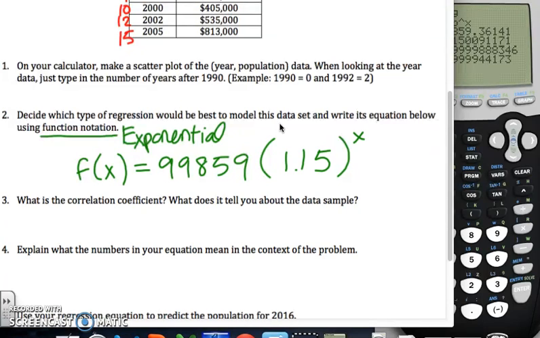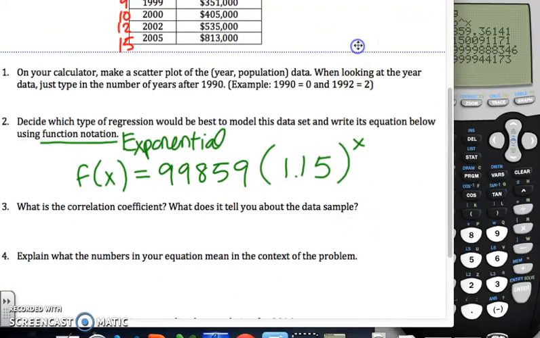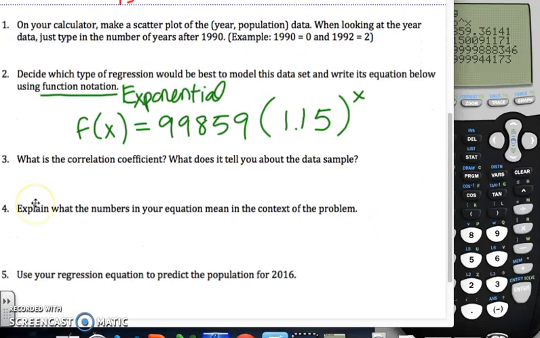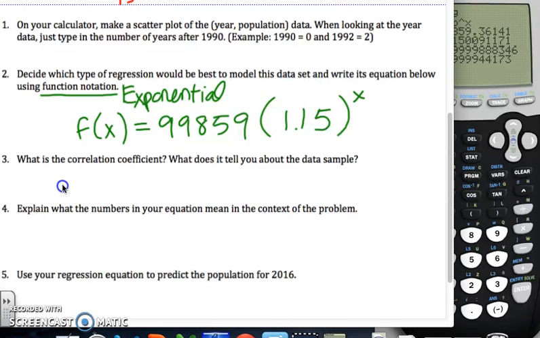So this growth factor makes sense because it's bigger than 1, and this was a growth problem, okay? So that's a good sign. What's the correlation coefficient? So again, in the past we have used r, but we're going to focus on r squared from now on. So r squared is your correlation coefficient, and it was 0.999, okay? That's very good because it's close to 1.